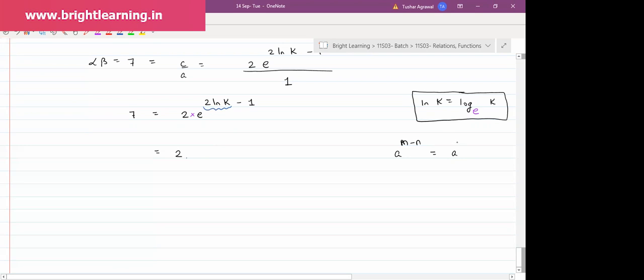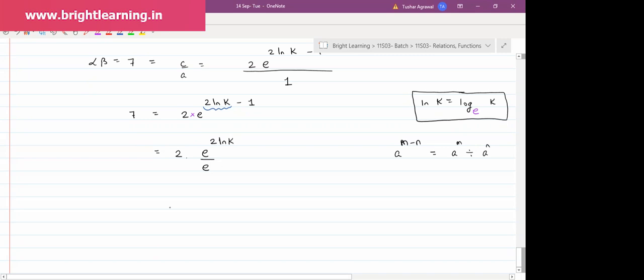We do the subtraction of powers only if it is a raised to m divided by a raised to n. So I will write e raised to 2 log k divided by e raised to 1, which is upon e. So 7 is equal to 2 times e raised to 2 log k upon e.